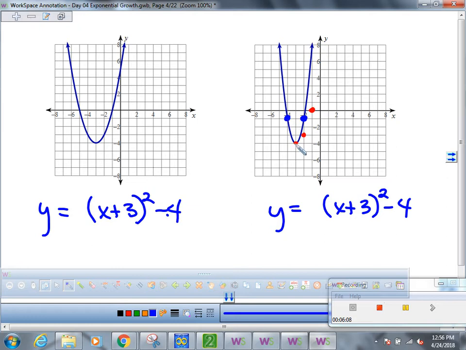So the second one should be 12. If it's normally 2, 4, and we're multiplying it by 3, it should be 2, 12. Let's see. Over 2, up 1, 2, 3, 4, 5, 6, 7, 8, 9, 10, 11. Looks like I'm absolutely right. 2, 12.